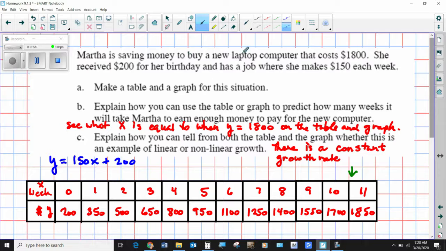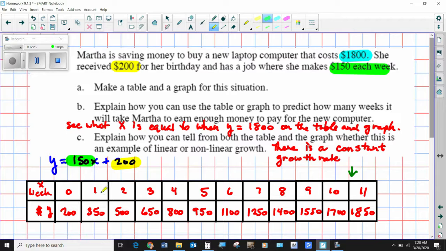Martha is saving money to buy a new laptop that costs $1,800. So let's see, she's got $200, and then she plans on saving an additional $150 per week. So that's where she starts. That's her y-intercept. And then the amount that it's going to grow per week is $150 per week, where X is the number of weeks and Y is the total amount of money.